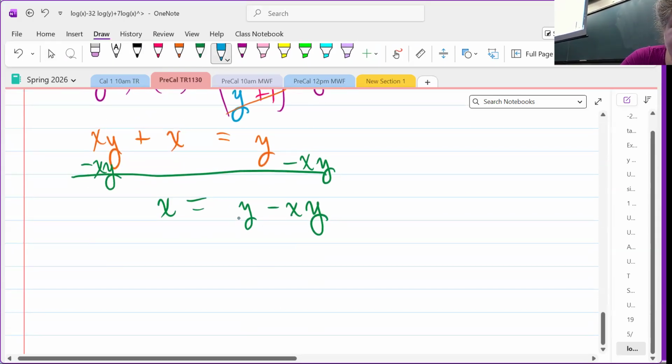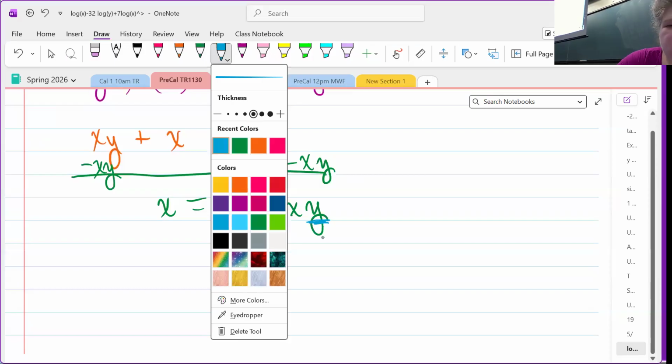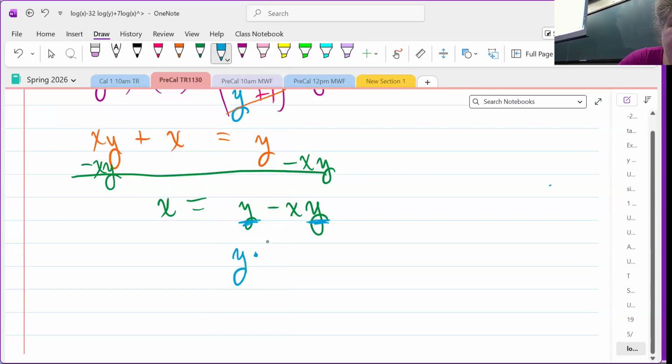Now that these are on the same side, they both have a y. That y is in common, so it is a common factor. So I can write y times, and then I write my results from pulling the y out.